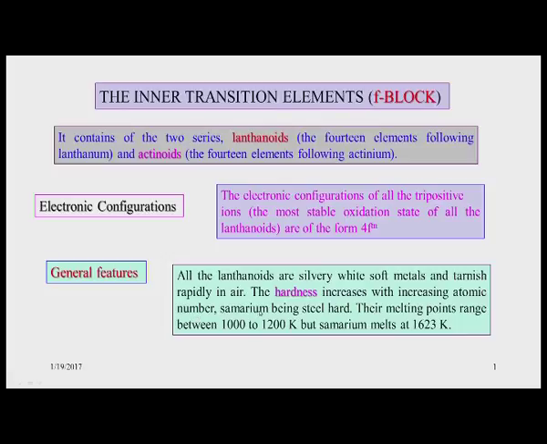And when we reach samarium, is it not that at the end of the series we reach samarium, and samarium is still a hard metal. So, the melting points will also be increasing. For samarium it will be 1623 K, Kelvin, which is way above the 1000 to 1200 K for the other metals.